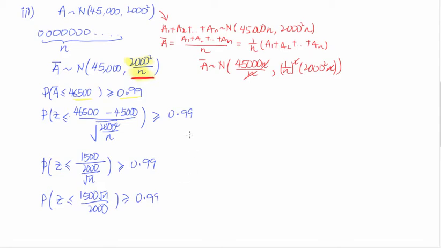So we get this. Going to our GC, because it's already in the left bound area, this is what we're going to key in: inverse norm. Of course 0.99 being the area, the mean will be 0, variance will be 1 because it's a standard normal distribution.